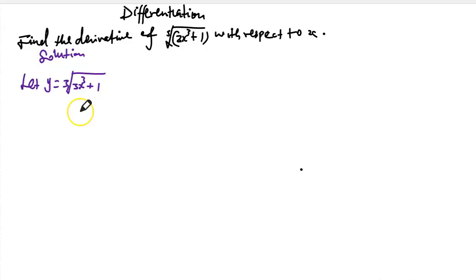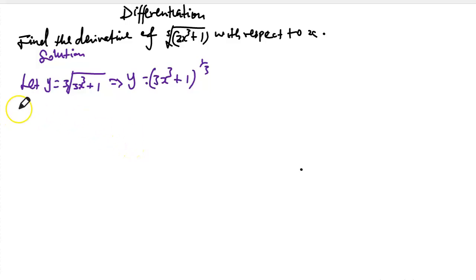That's the equation. If I remove the root for easier working, I will have y equal to 3x cubed plus 1, all of these raised to 1 over 3. This cube root becomes the power 1 over 3.